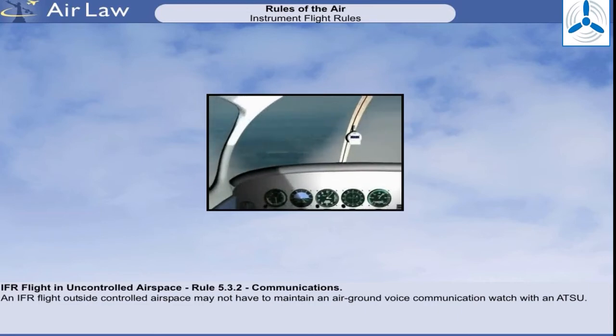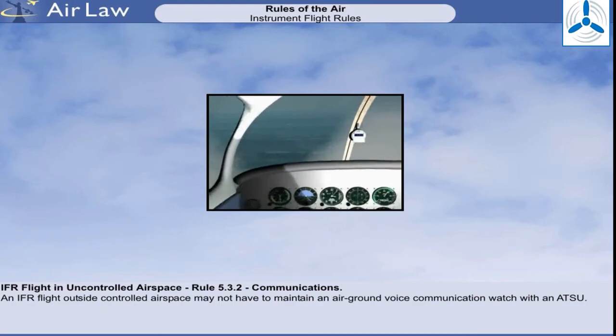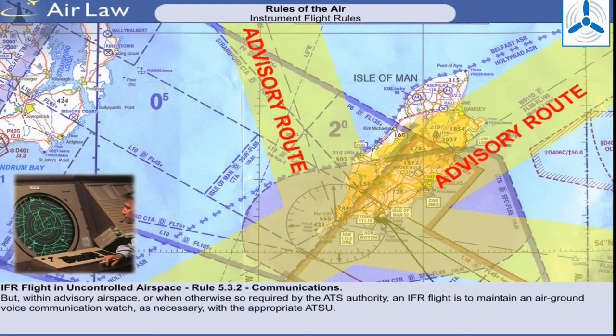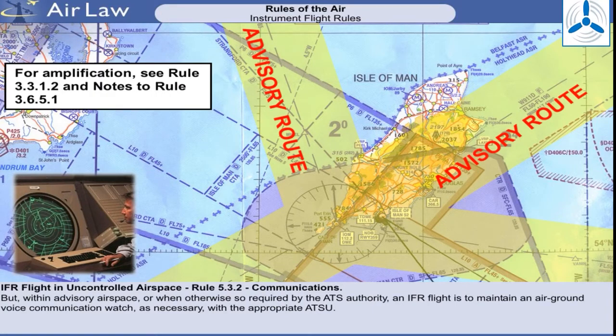However, if outside controlled airspace, but within advisory airspace, or when otherwise so required by the appropriate Air Traffic Services Authority, an IFR flight is to maintain an air-ground voice communication watch on the appropriate communication channel and establish two-way communication as necessary with the Air Traffic Services unit. This situation is amplified by the rules of the air shown on screen here.